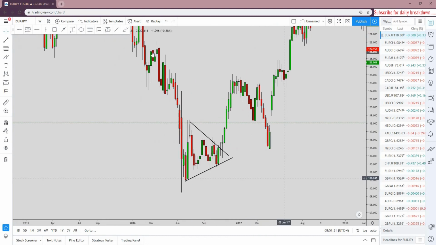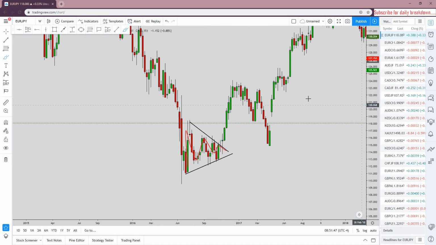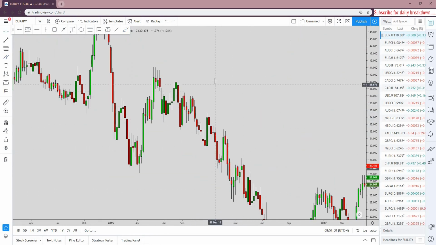In this case, it is a neutral wedge formation, so we don't really know to which side the market will break it, but then it's clear that the market gaps up, breaks the trend line, goes for a retest, and continues the acceleration to the upside. Very simple to see this. Let's see if we can find more.